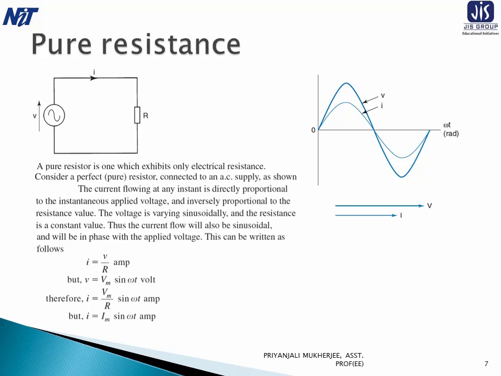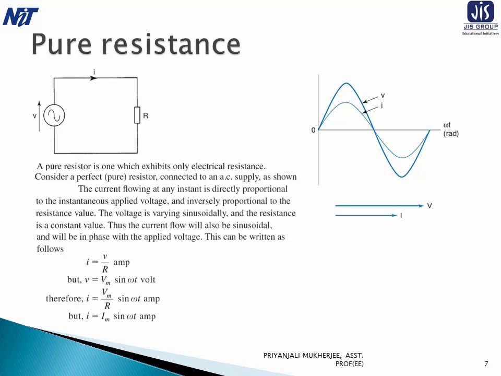Now as the voltage is varying sinusoidally and the resistance is a constant value, the current flowing through it will be a sinusoidal wave, and it will be in phase with the applied voltage, because this voltage signal is represented by V sine omega t, and I is equal to V divided by R. If we consider the maximum voltage as V max, then I equals V max divided by R into sine omega t, and this I is equal to I max sine omega t.